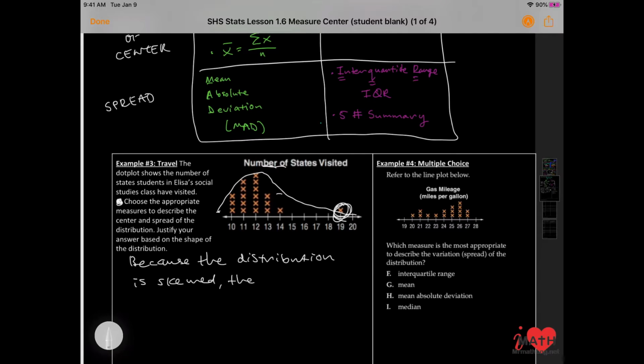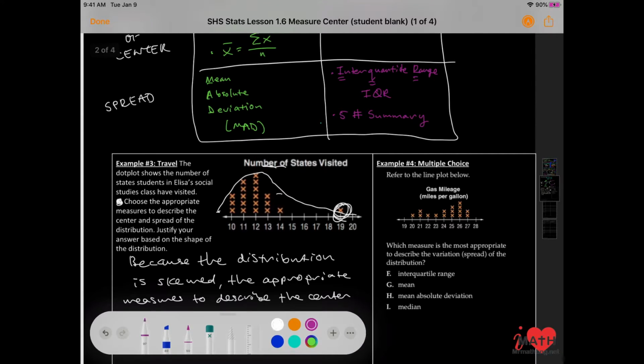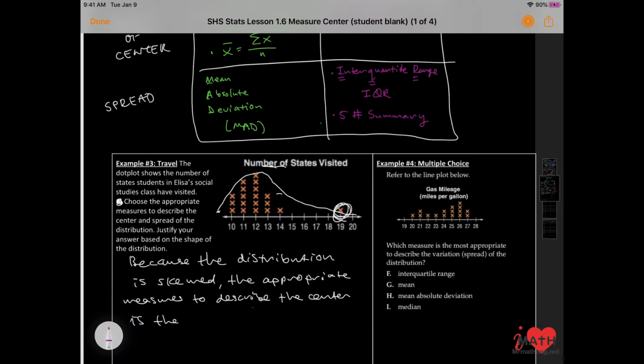The appropriate, this is your English skills. Grammar, the appropriate measure to describe the center is the what? Median.